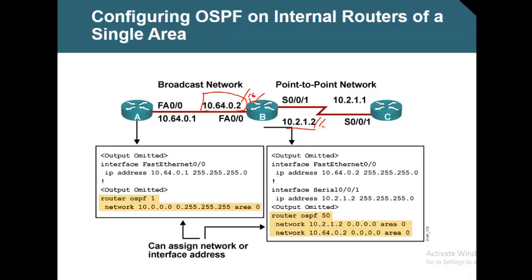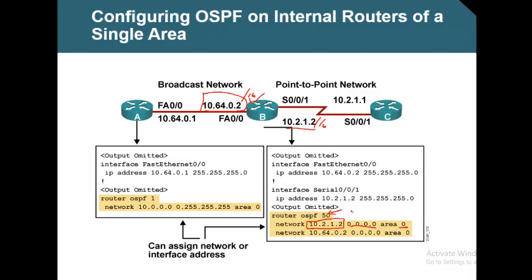But you see, when they write the wildcard mask, they're matching all 32 bits. What does this mean? It means the interface that has got this address will be a member of OSPF process ID 50 and belong to area 0.